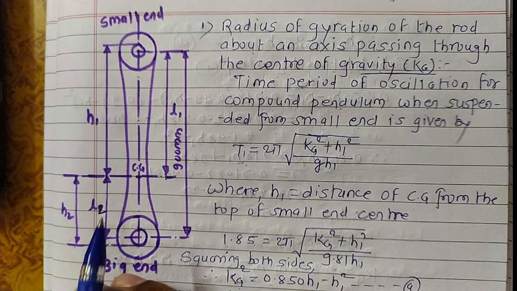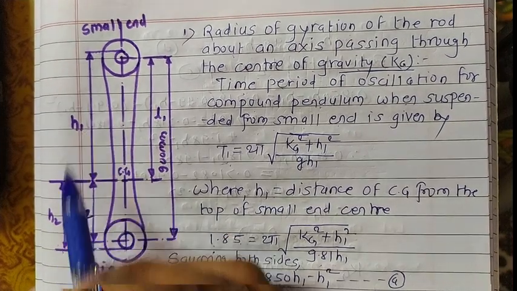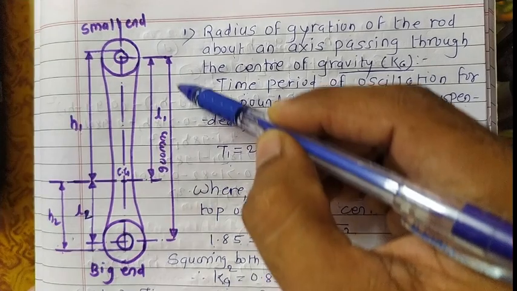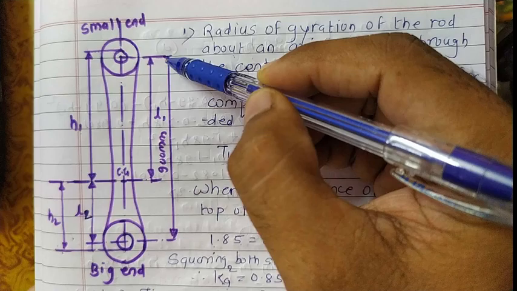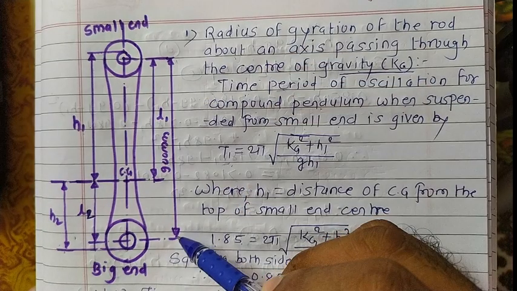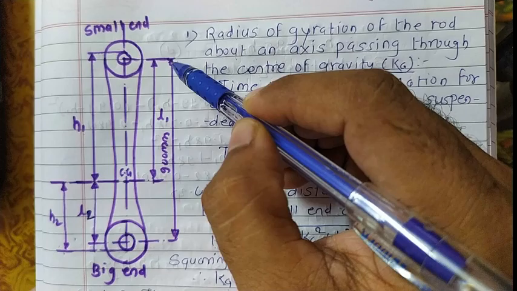What about this H1 and H2? H1 plus H2: this distance indicates the L, the center to center distance between both the ends.